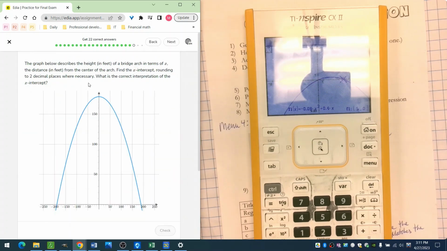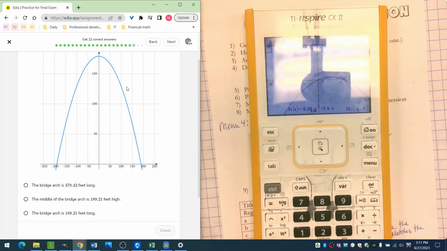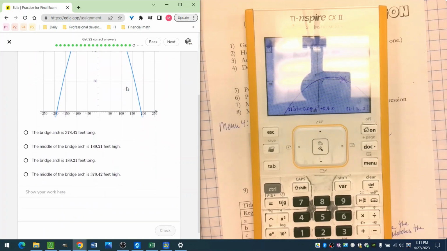The graph below describes the height of a bridge in terms of x, from the center of the arch. Find the x-intercept, rounding to 2 decimal places where necessary. What is the correct interpretation of the x-intercepts? Okay, so the x-intercept is, that's pretty close. I mean, we can't really get closer. It's about 190 feet from the middle.